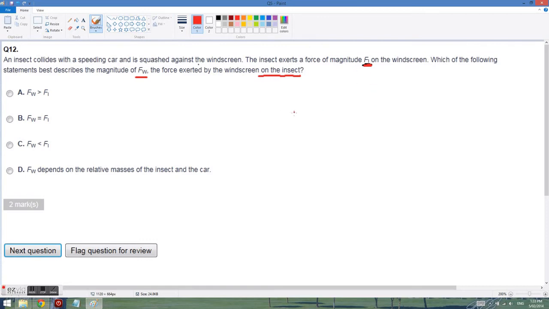Say this is me, and say I've been in a car accident.